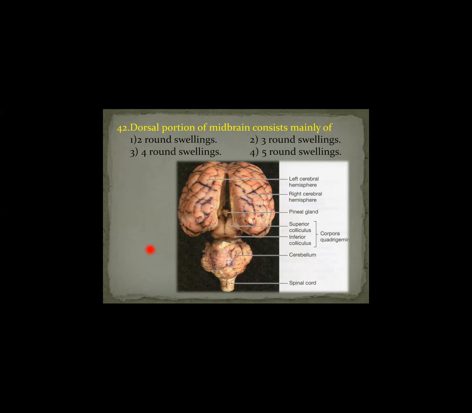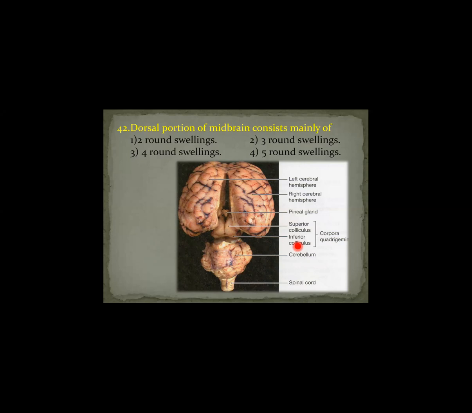In the diagram you can see, this is the midbrain. Here four lobes are present: 1, 2, and the below smaller ones, 3, 4. The upper lobes are called superior colliculi, and the lower lobes are called inferior colliculi. The superior colliculi are meant for the vision function, and the inferior colliculi are meant for the auditory function.